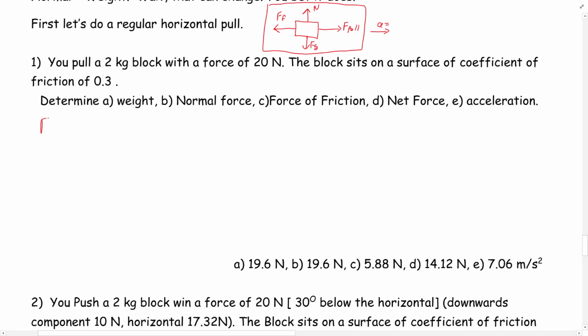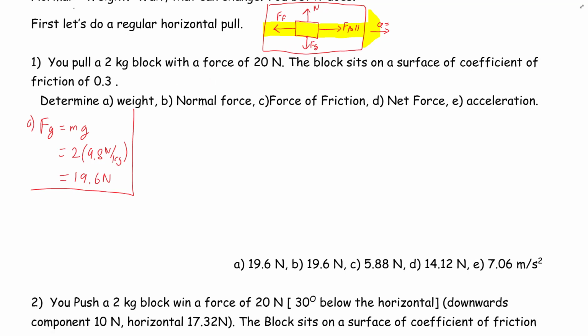So determine the weight. The weight of an object is equal to mg. 2 times 9.8, 19.6 newtons. B, the normal force. Now, the upward force and the downward force have to balance because the motion is in this direction. Everything that's not in the direction of the motion, which is up and down, has to add to zero. So that force and that force have to be equal in magnitude but opposite in direction.